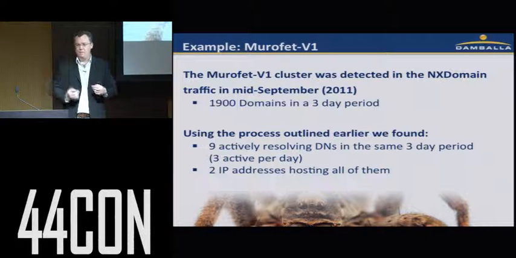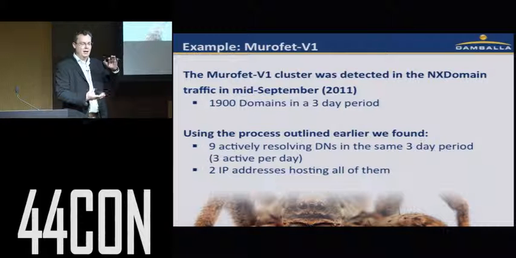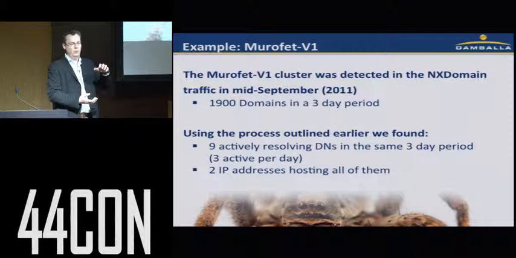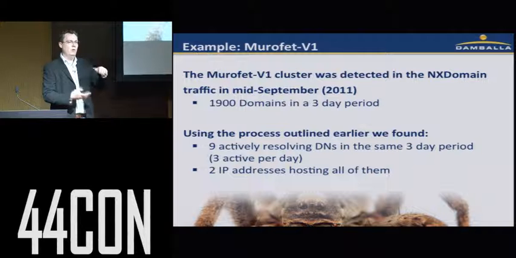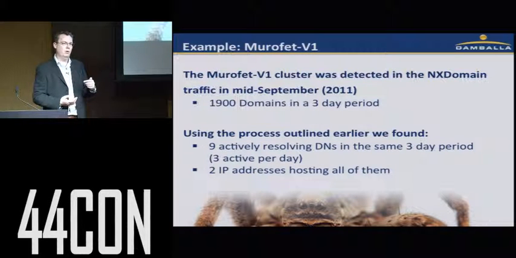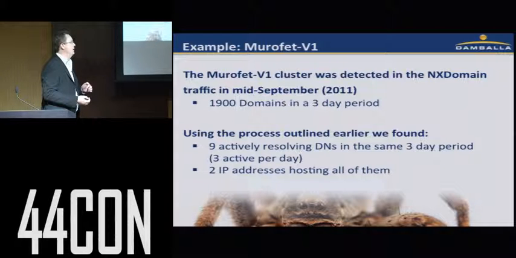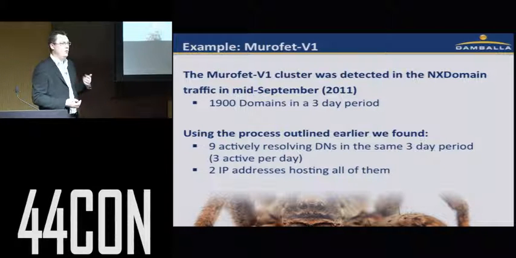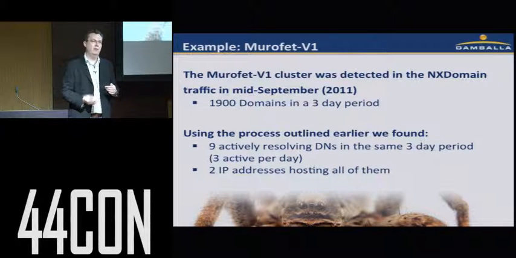Using the process that I outlined before, given that particular cluster and the structure of those domain names that were unsuccessful with this DGA, we then hunted for other domain names that were successfully looked up. That resulted in 9 domain names that were active during that period, and effectively the bad guys had 3 command and control servers for each day, just rotating through these.